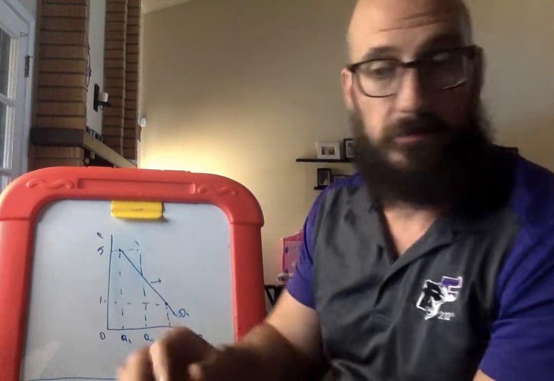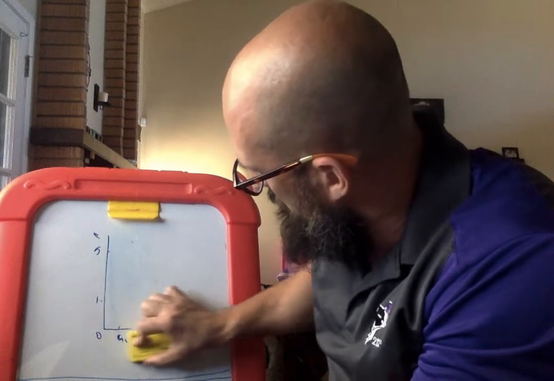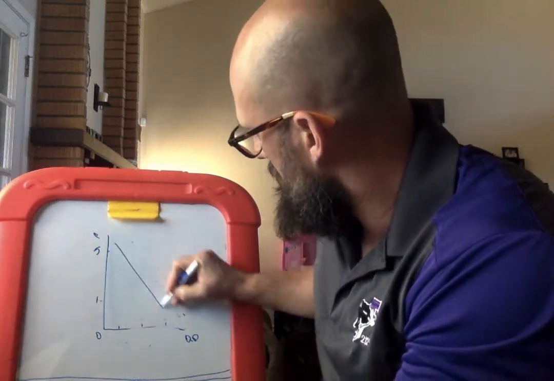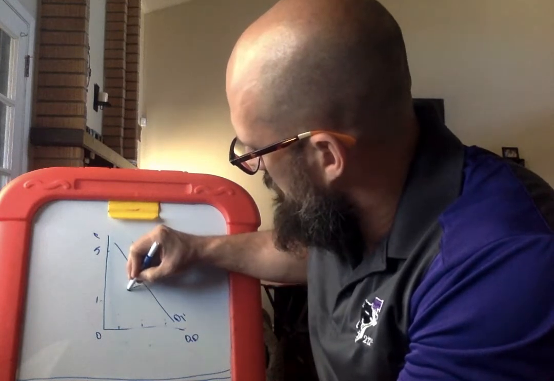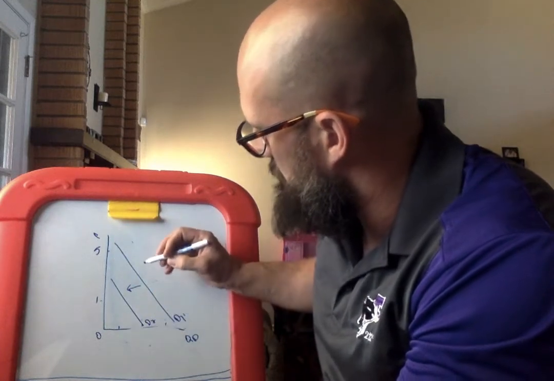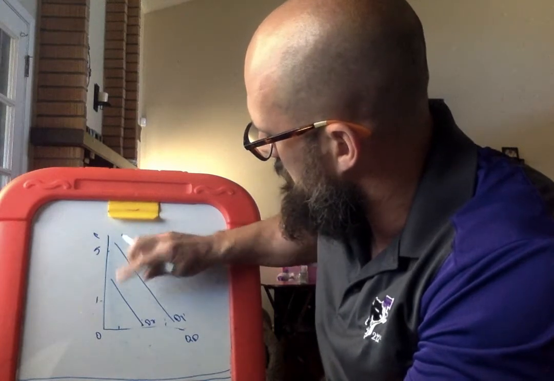Let me erase some of this real quick. You have D sub 1. A decrease in demand is going to be a shift to the left, and then you would label that D sub 2. Again, we can see pretty clearly that this is a decrease in demand. Let me move this arrow down a little bit.